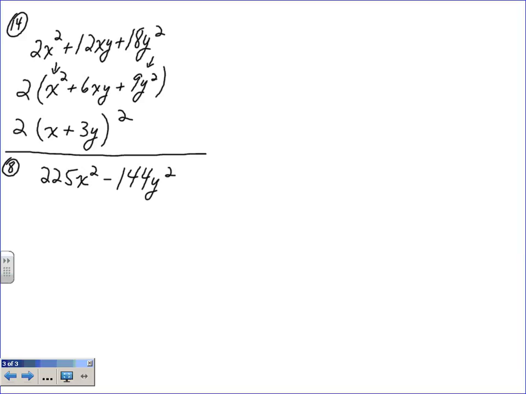Yes, it is. And if you don't know what times what is 225, what you can do is go to your calculator. Every calculator has this, so if you have a simpler calculator at home, you go to your square root function. You know how to get there?